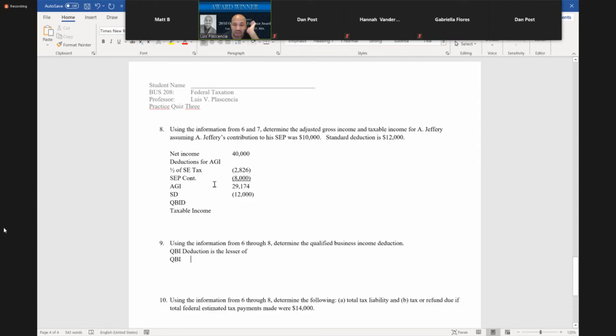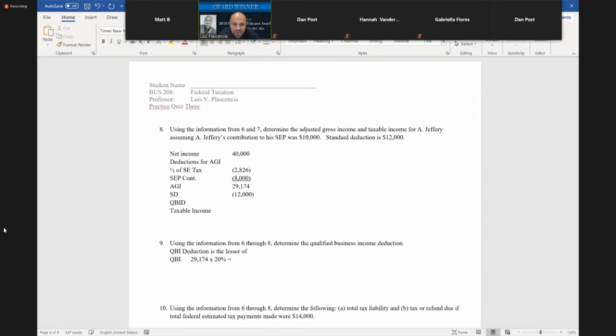That's it. It doesn't always equal your adjusted gross income, but in this case, it does, so I kind of made it simple. So it's 29,174 times 20%, whatever that's going to give me, right? Or modified taxable income, which is 29,174 minus 12,000. What does that give me?